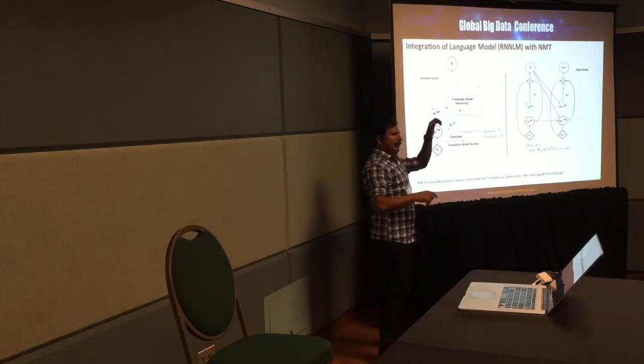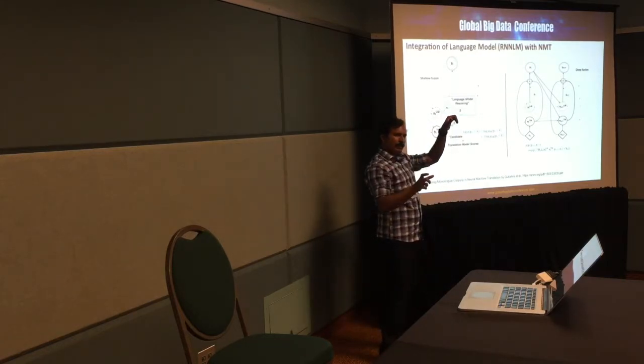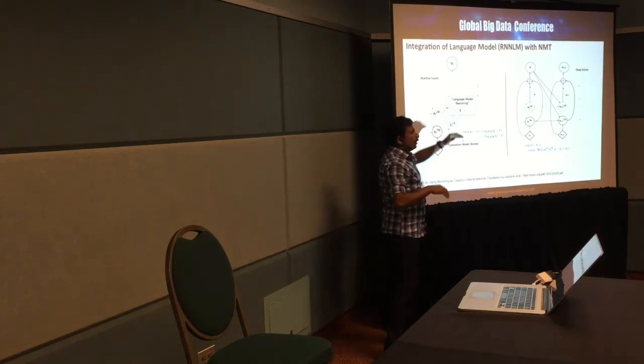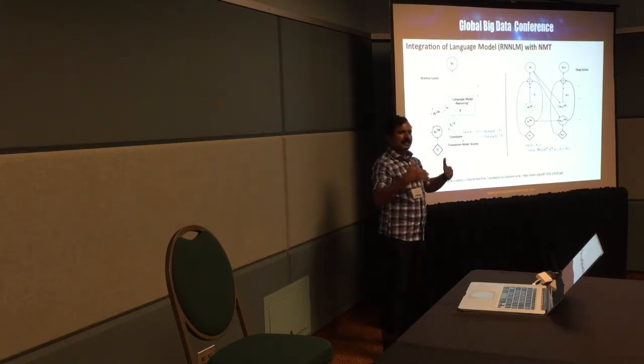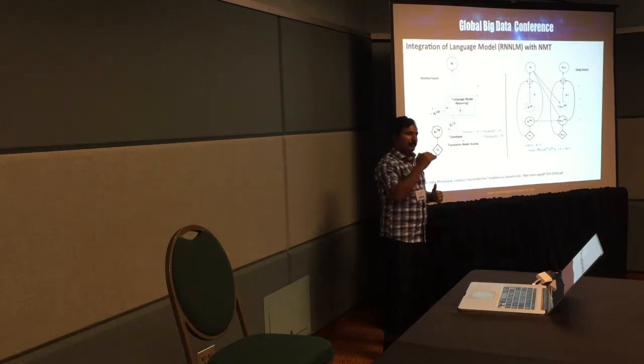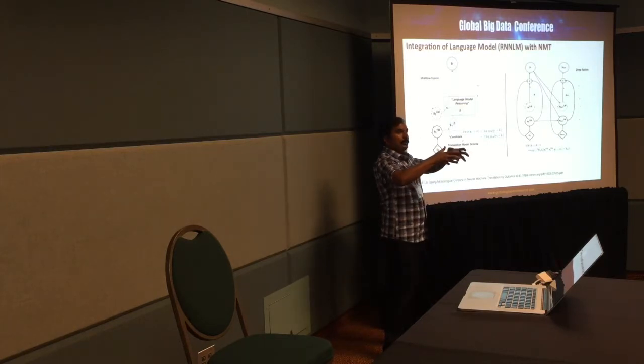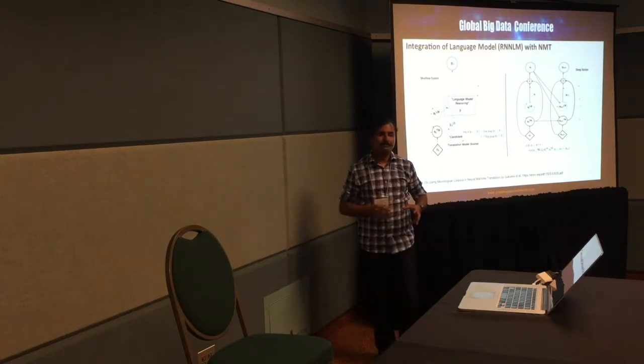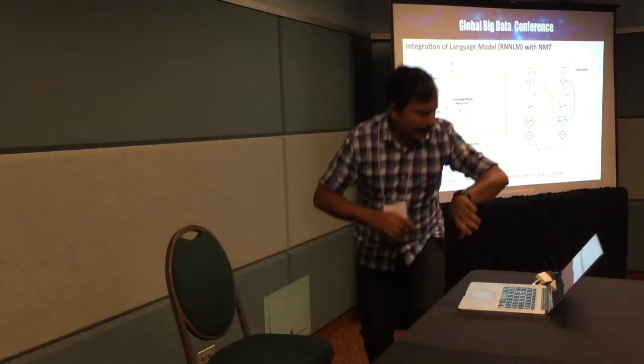So let's say you have an incomplete sentence and 5 choices for the next word. I have 5 sentences, and the language model will look at all those 5 sentences and tell you which sentence sounds more accurate, more precise, makes more sense, and hence the accuracy of the overall translation goes up using a language model.